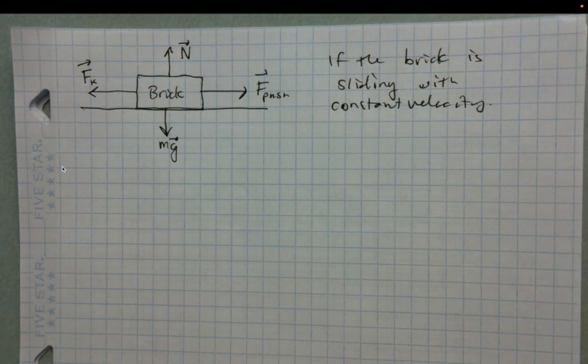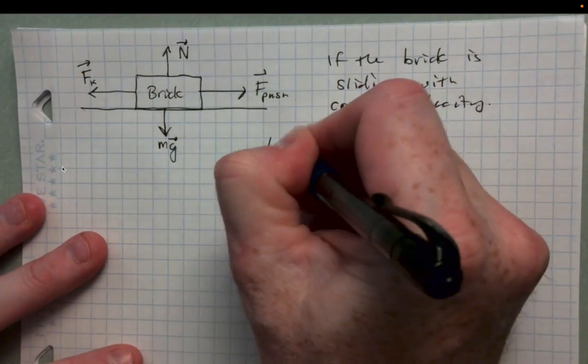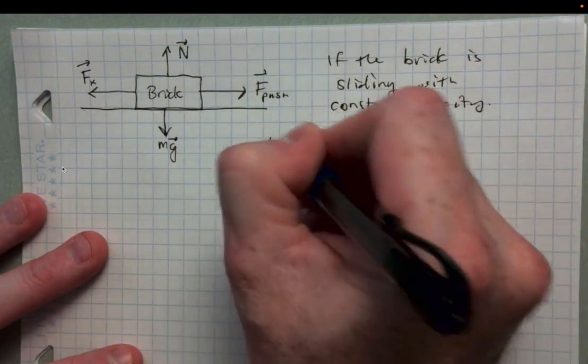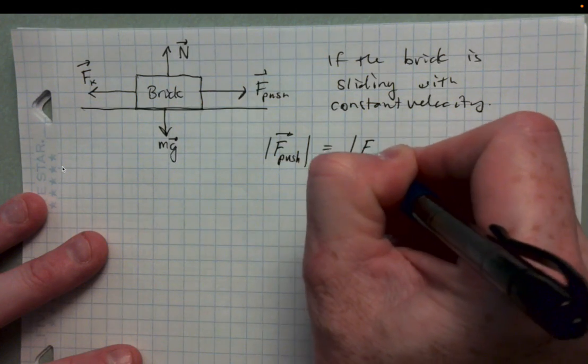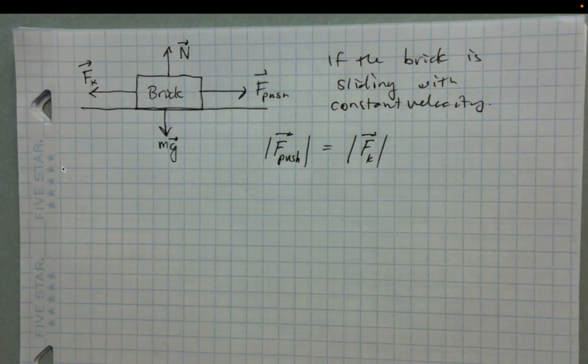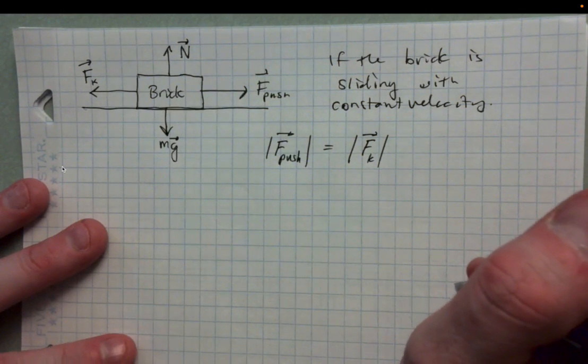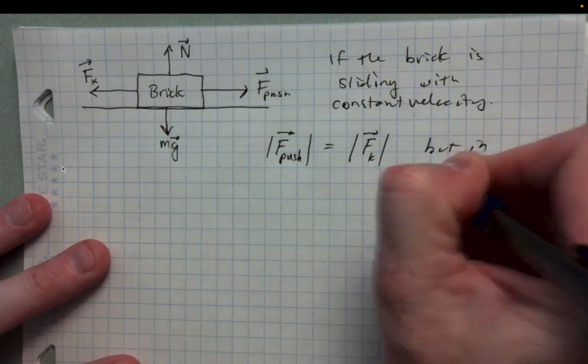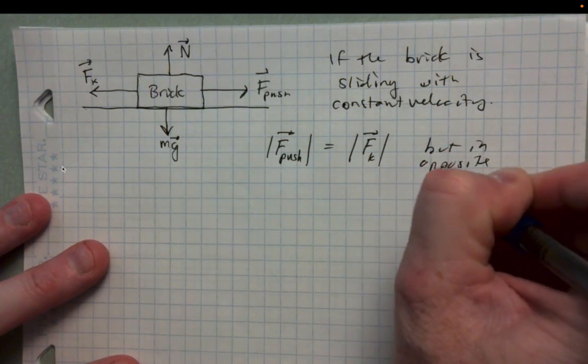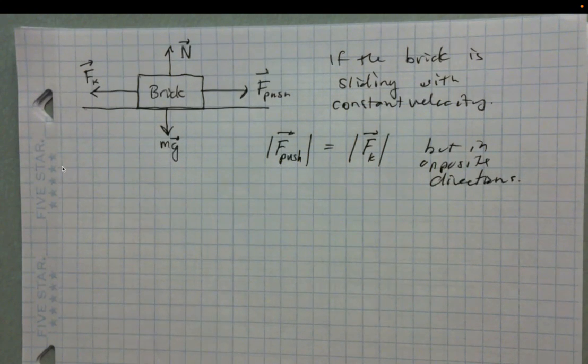So whatever the push force is, the kinetic friction force is offsetting it precisely, and the brick remains at a constant velocity. So if the brick is sliding with constant velocity, then the magnitude of F push is equal to the magnitude of the kinetic friction, but in opposite directions. Magnitudes will be the same.